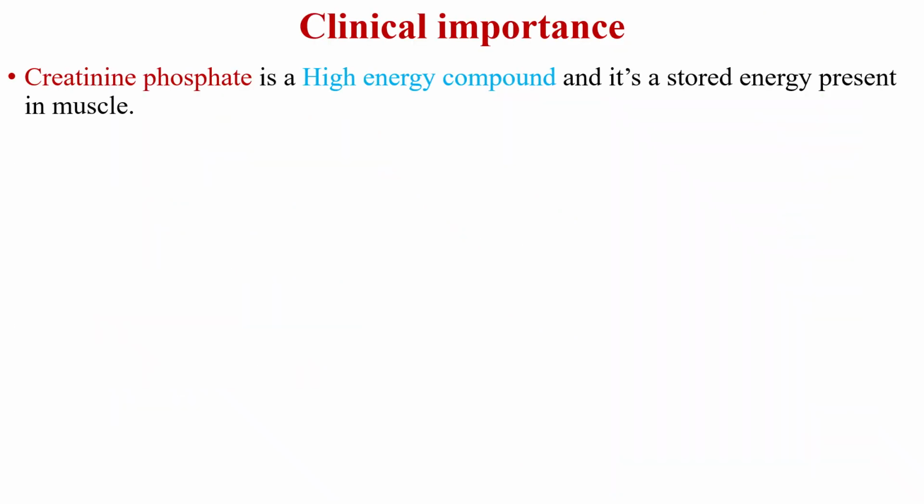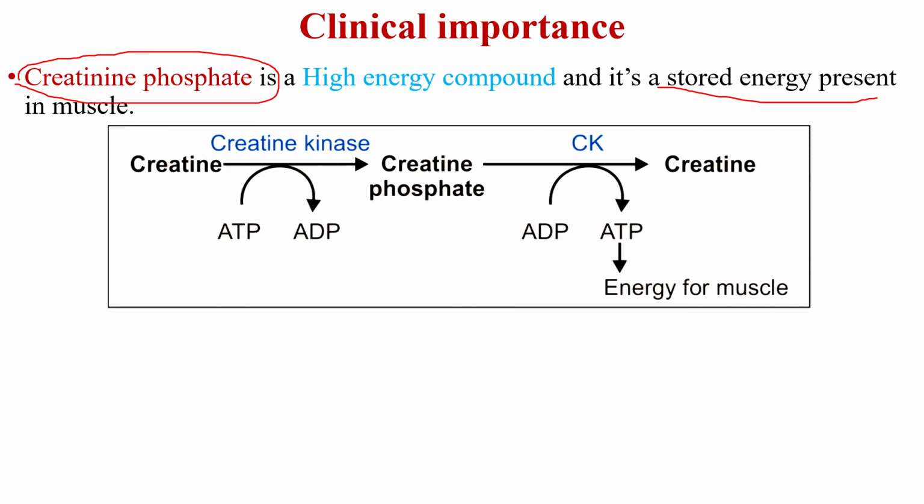Now, what is the clinical importance of creatine phosphate? The creatine phosphate is a high energy compound, and it is stored energy present in the muscle. So why is it called stored energy? When ATP is utilized, it forms ADP.